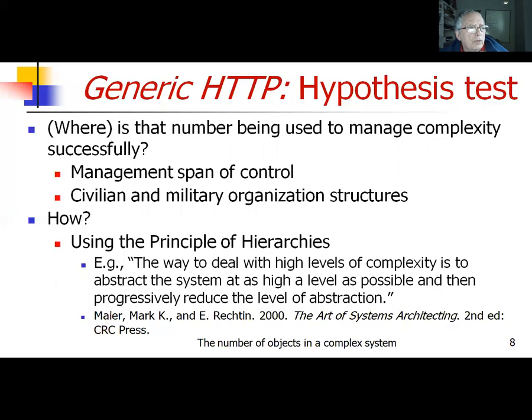If you look at organization structures in civilian, government, and military organizations, they all use the principle of hierarchies to reduce the elements being considered down to 7 plus or minus 2, or close enough to it. And even in engineering, Maier and Rechtin wrote, the way to deal with high levels of complexity is to abstract the system at as high a level as possible and then progressively reduce the level of abstraction.